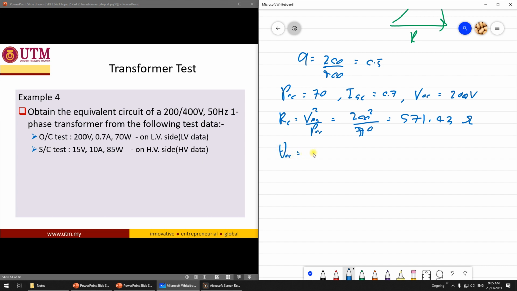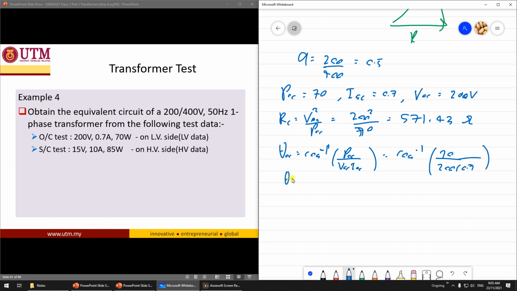Theta OC is basically cos inverse of POC divided by VOC IOC. So you have to memorize the formula. Make sure you memorize it. Okay, so cos inverse of 70 over 200 times 0.7.